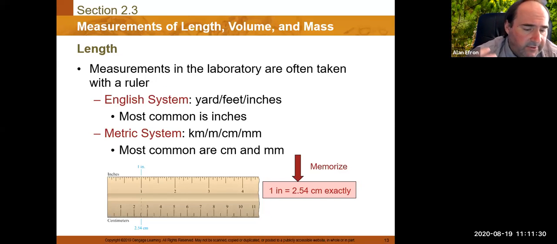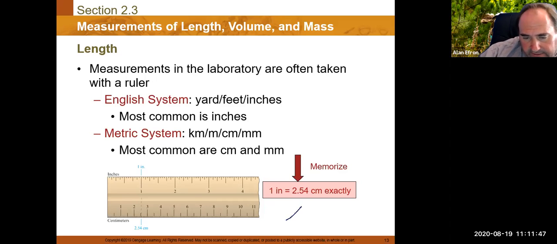So that's why, at least in science, we developed the SI system, which is based off of that metric system. So in the English system, we have yards, feet, inches. In the metric system, kilometers, meters, centimeters, millimeters, with centimeters and millimeters most common.